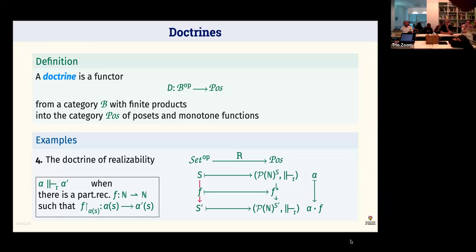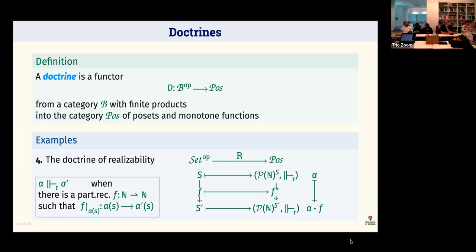So the collection of all functions from S into the power set of N with a different notion of order. And the notion of order is this one, which is very nice to read when one thinks of the intuition that Pliny realized when he introduced realizability, of what a proof in intuitionistic logic, in constructive logic, should be.